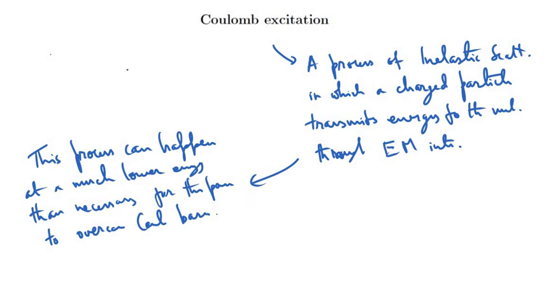So this means that in this entire process of Coulomb excitation, there is no role of nuclear force. Understand what is happening? Basically, what I am trying to say is that suppose a projectile comes and interacts with a target.